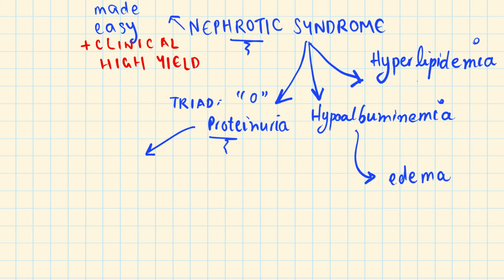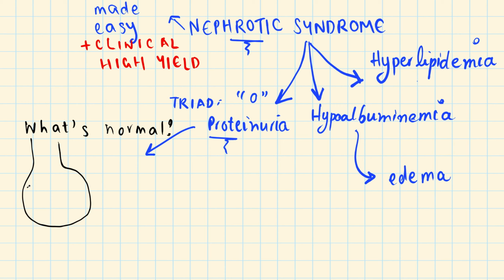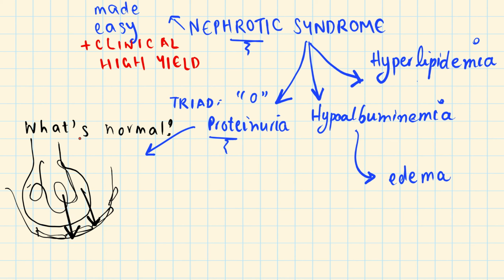So we're going to discuss the relations between each of these clinical features that the patient will present with. But remember, always be aware what is normal and what is abnormal. To understand any kind of pathology, you need to know what's the normal before you can figure out the abnormal. And the normal is that the kidney, the glomerular filtration, is not supposed to allow proteins to pass through.